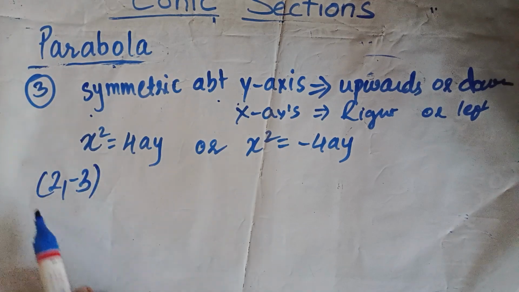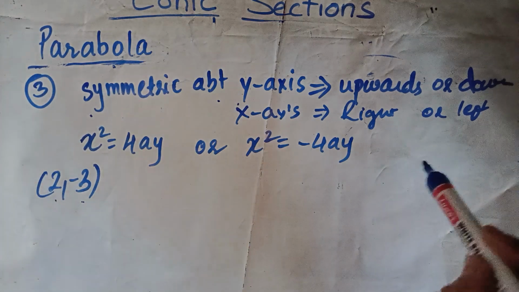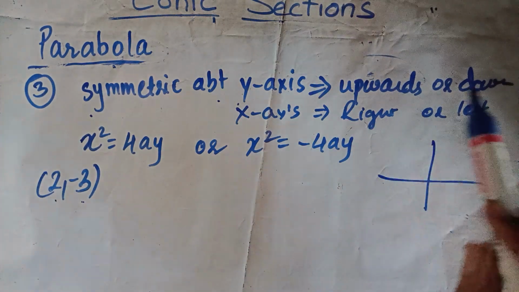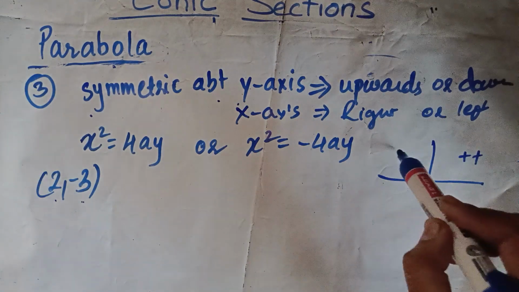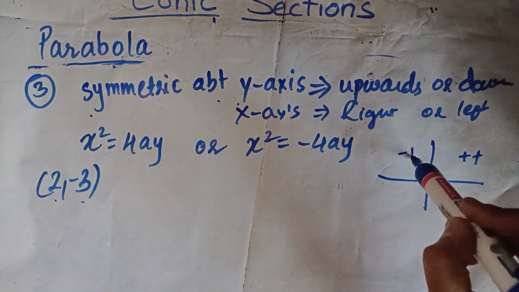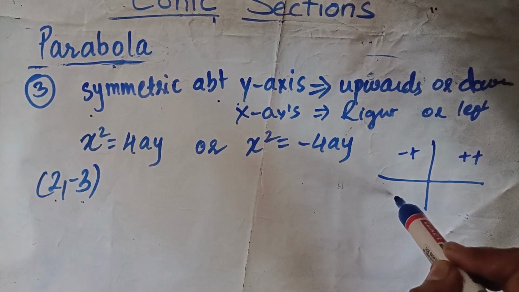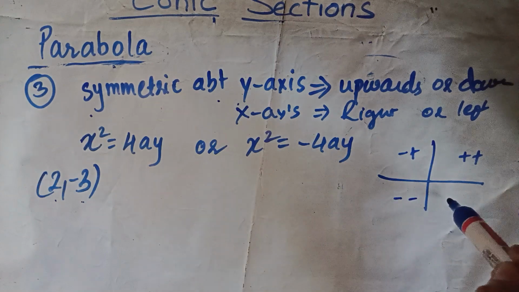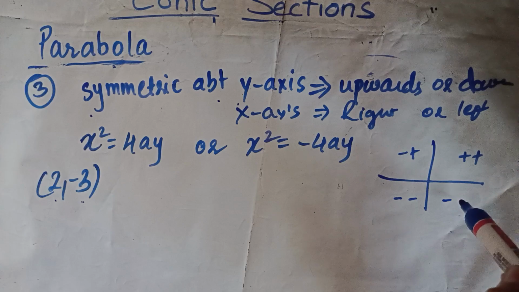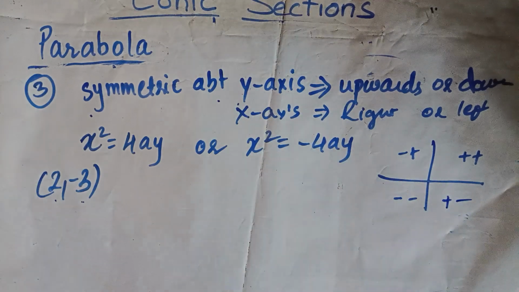Now we have to find in which quadrant this point falls. The signs are positive, positive; then negative, positive; negative, negative; positive, negative.